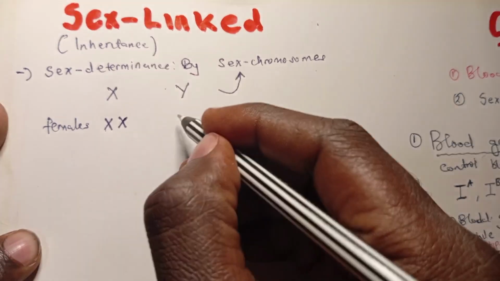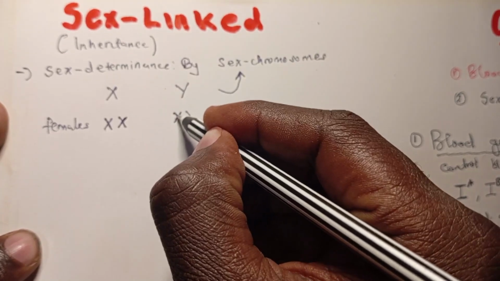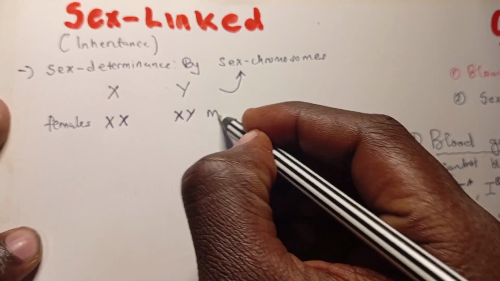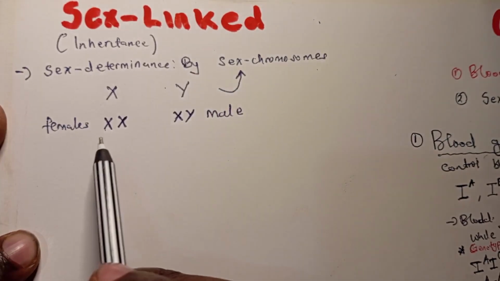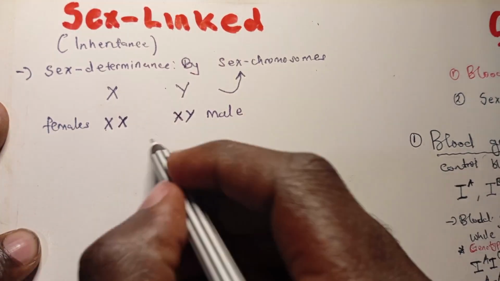If you get X from your mother and Y from your father, you are male. So all males have X and Y, and all females have X and X.